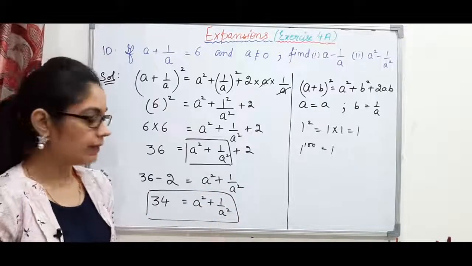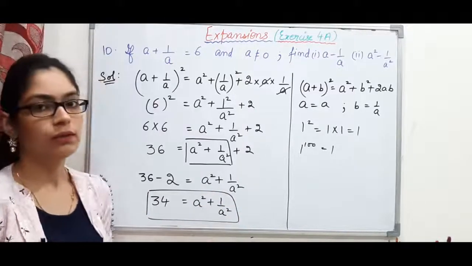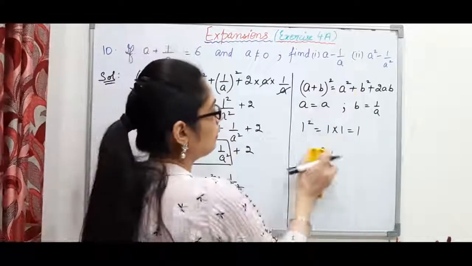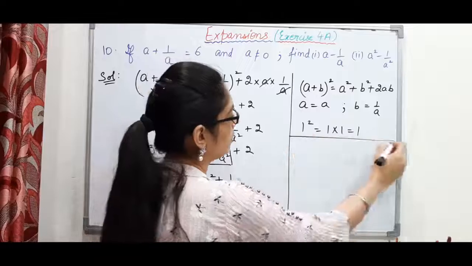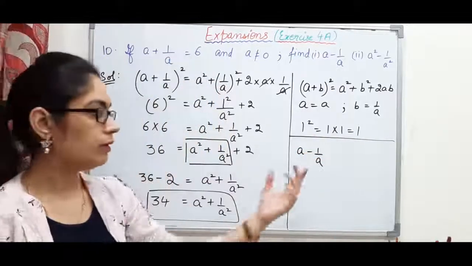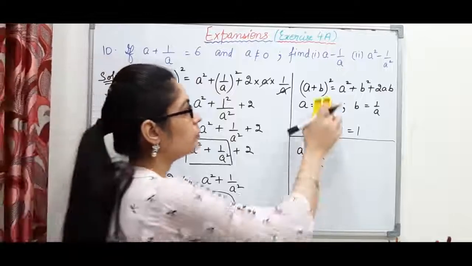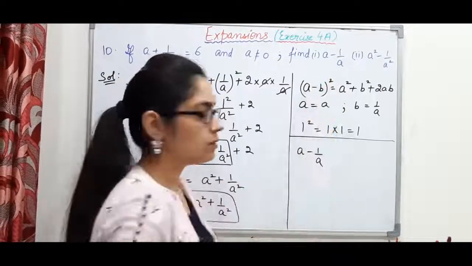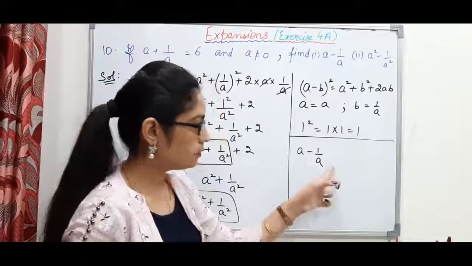So why did we need a square plus 1 by a square? The reason is that we have to find a minus 1 by a. And when we have to find this one, we have to use this identity, it is in a minus b form.